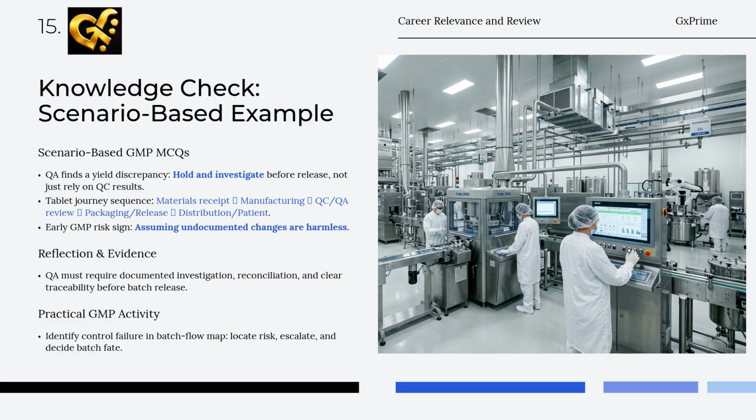Another key learning point is this: assuming undocumented changes are harmless is itself an early warning sign of GMP risk. Remember, compliance decisions must always be evidence-based and fully documented.